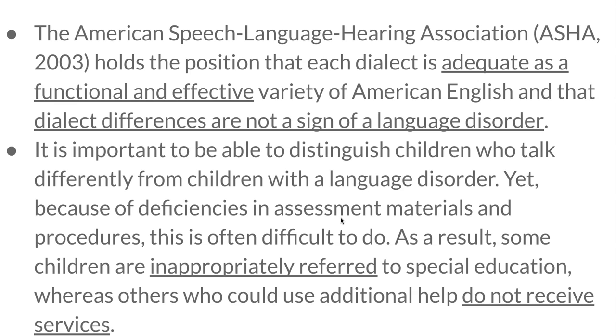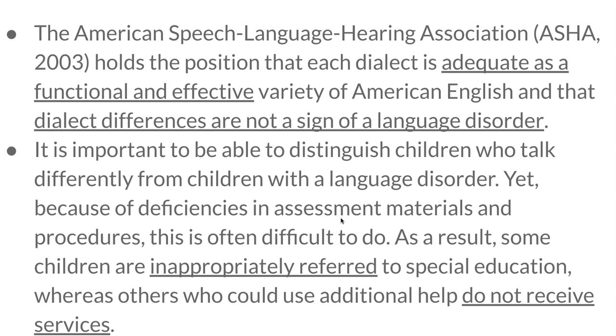According to ASHA, each dialect is adequate as a functional and an effective variety of American English, that dialect differences are not a sign of a language disorder. And it's really important for SLPs to be able to distinguish children who talk differently from children who have an actual language disorder, right? But because of, we as SLPs aren't great at cultural differences, and then also the assessment tools that we use are also not great.